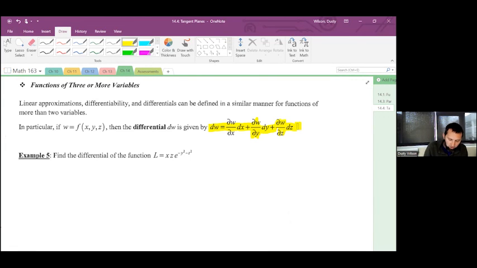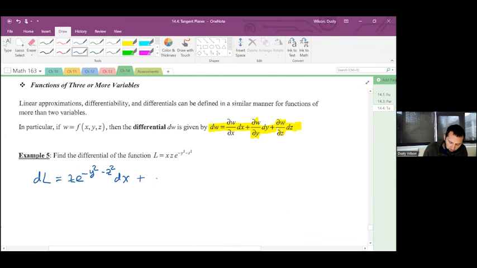And so our formula is above. So we're going to find dL, and it's going to equal the partial derivative of L with respect to x, which would be z e to the negative y squared minus z squared, times dx, plus the partial of L with respect to y, which looks like it's just going to require a chain rule.